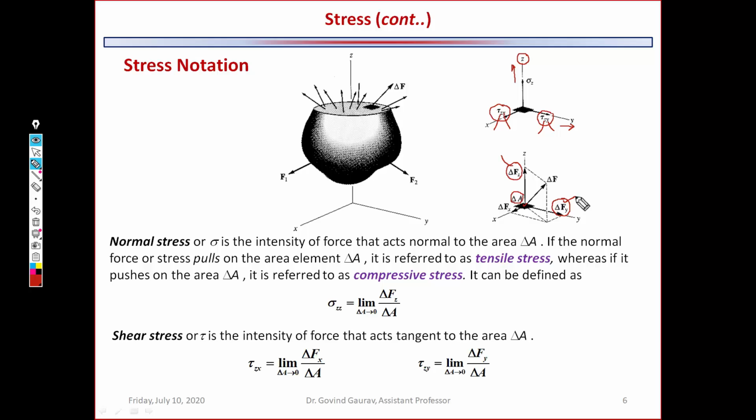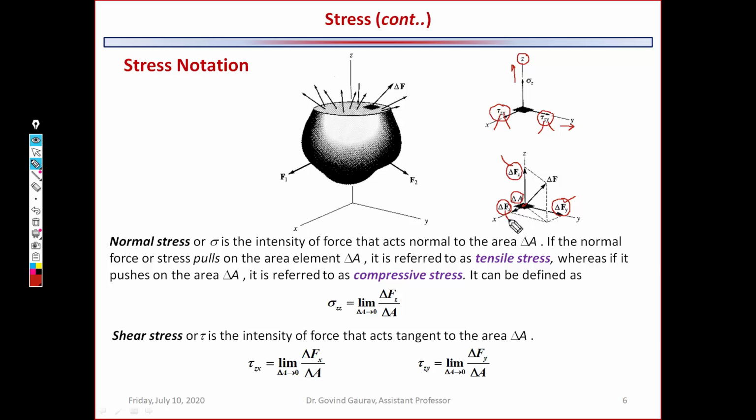If we are interested in finding the stress at a particular point, we will define these values of the force by a particular small area which we have selected. The other force that is acting at the particular point which we have chosen is delta Fx, the force acting in the x direction.